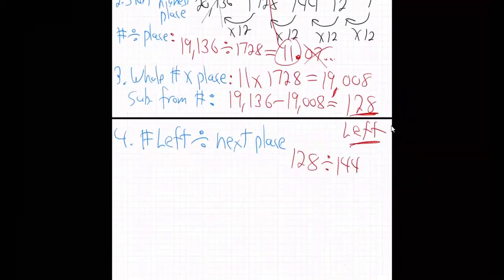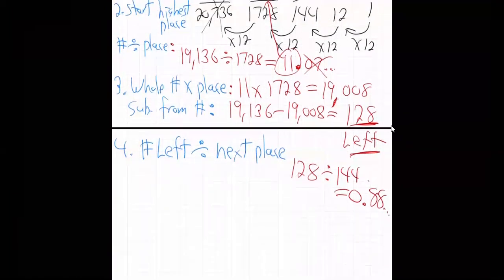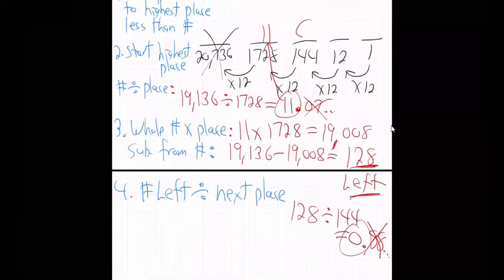When you do that, you get 0. We're going to get a 0 again. 0.88, blah, 8's forever. So remember what we do. Do what we always do, which is what? Throw away the decimal. Keep the whole number. That's our next answer. So 0, right?